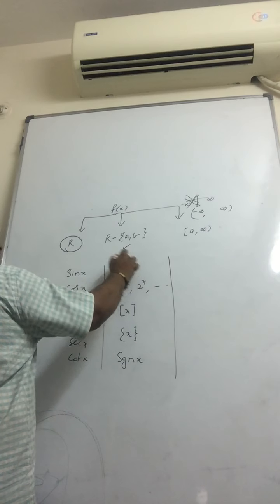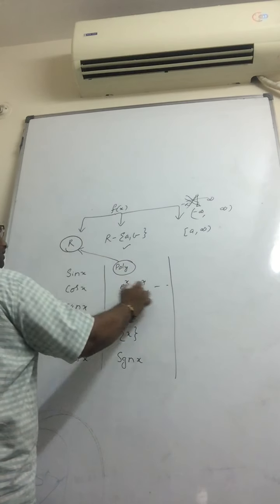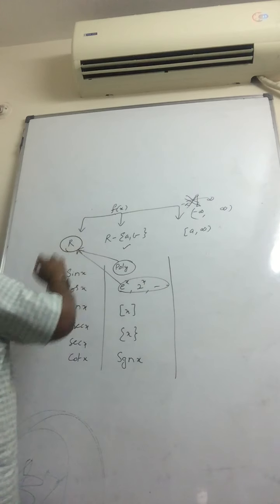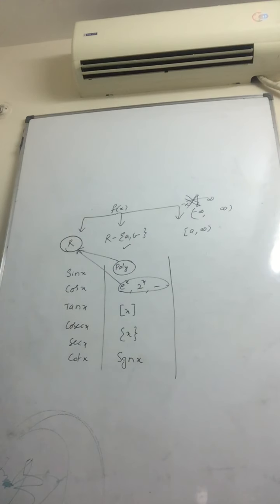So now, polynomial functions have domain real, power functions have domain real. But here tan x, if you consider sin x by cos x, if you take 90, sin 90 by cos 90, it's like 1 by 0, the denominator value is 0. That means it is not defined for 90.